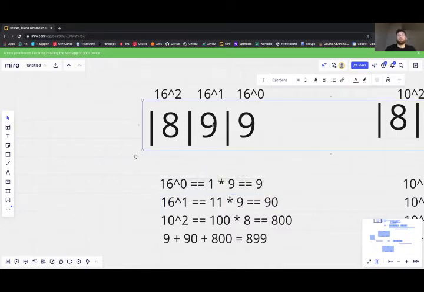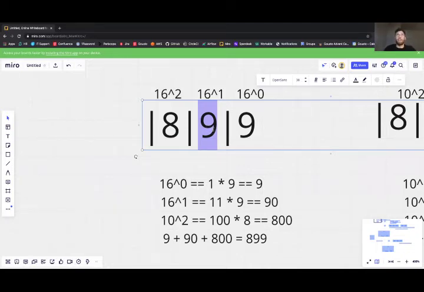Now let's say we want 11 of these. Well, you can't represent 11 with a single digit, so we're going to need to come up with another digit. Let's say after 9, we move on to letters. So it goes 0, 1, 2, 3, 4, 5, 6, 7, 8, 9, A, B, C, and so on.